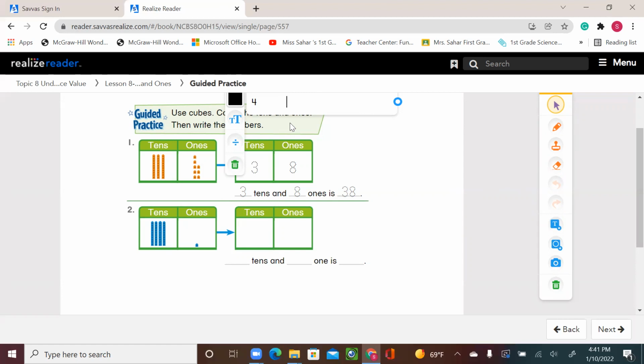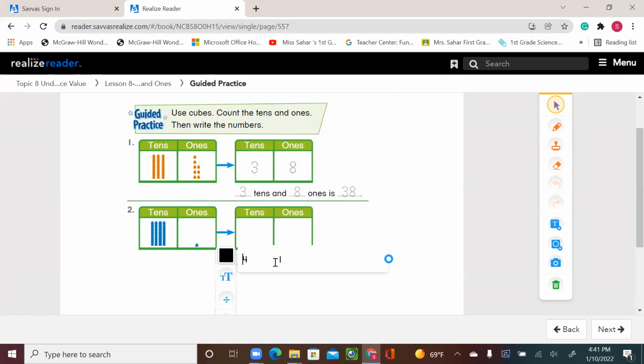Just 1. So I'm going to write 1. So let's put this down. Okay, so I have 4 tens and 1. What does that mean? 10, 20, 30, 40, 1. Very good.